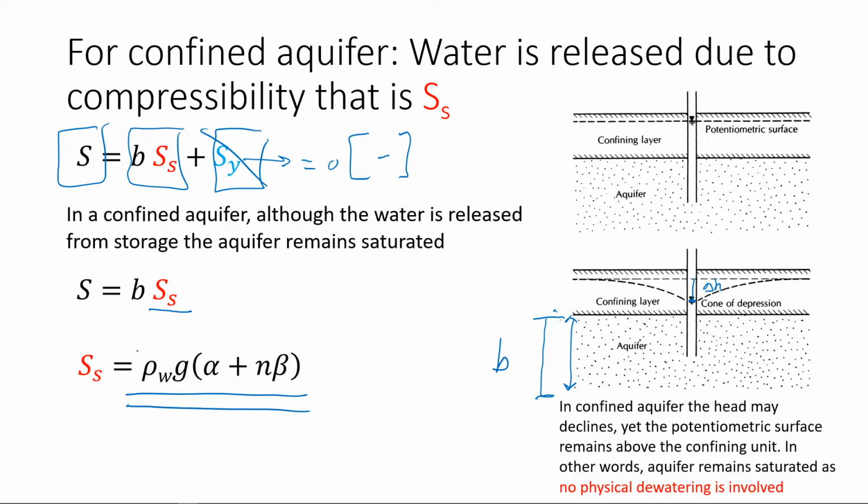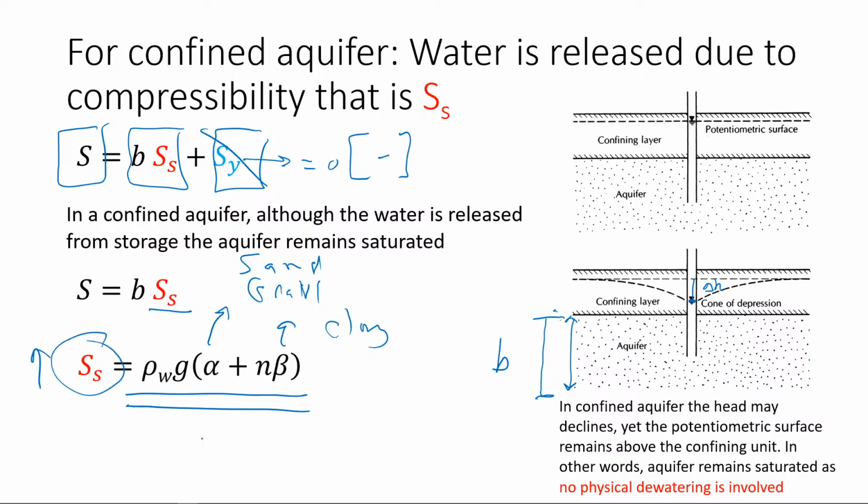That depends on the compressibility of the water, which is generally constant, and the compressibility of your aquifer material, like sand, gravel, clay. Sand has a higher compressibility than gravel, so sand will have a higher storage coefficient than gravel.